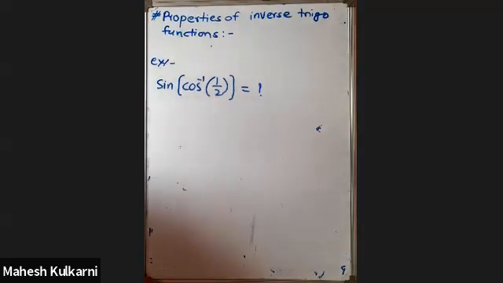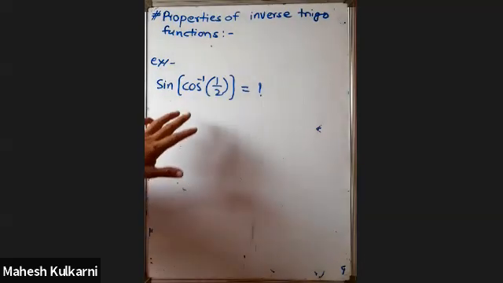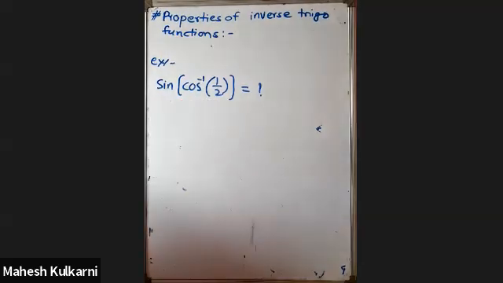Either you can use allied angle formula, that is sine theta is equal to cos of pi by 2 minus theta. Either you can use this method, or first of all write the value of cos inverse of 1 by 2 and then sine for that.